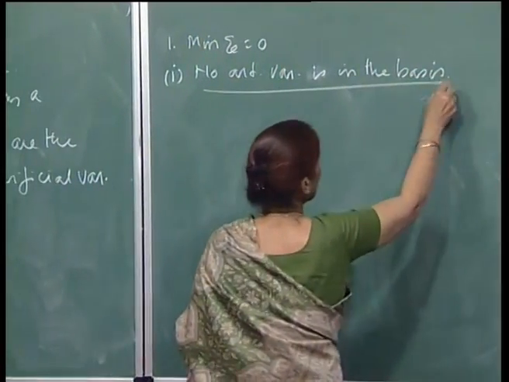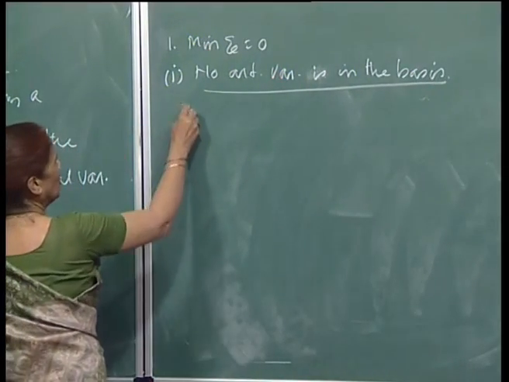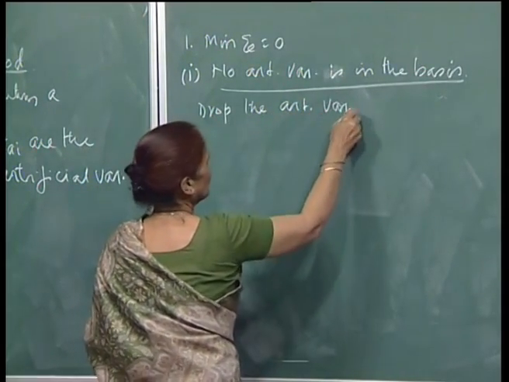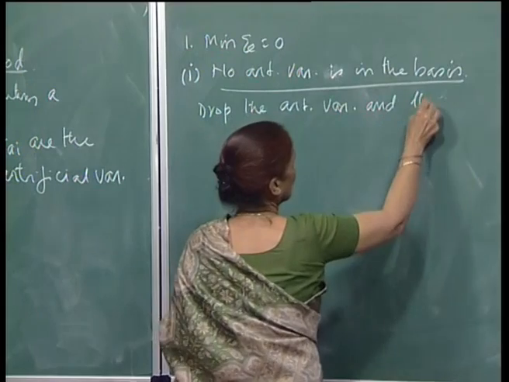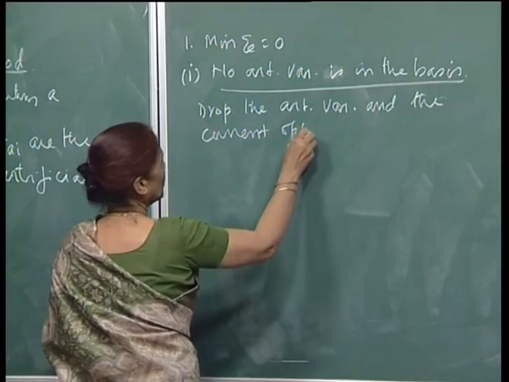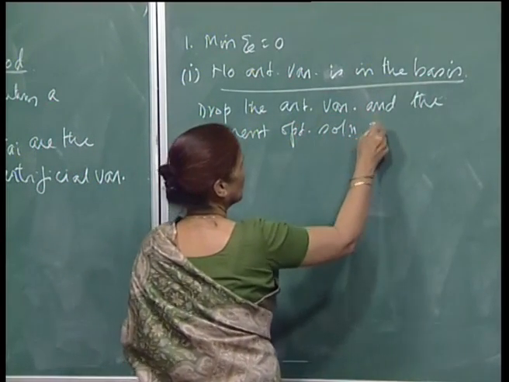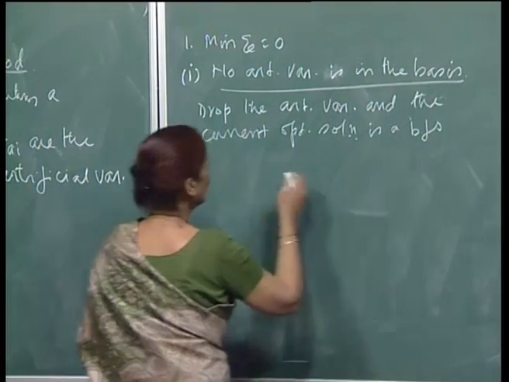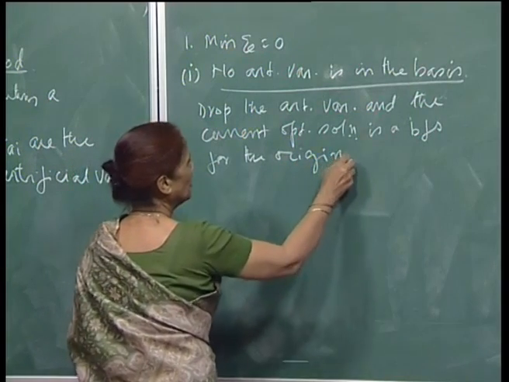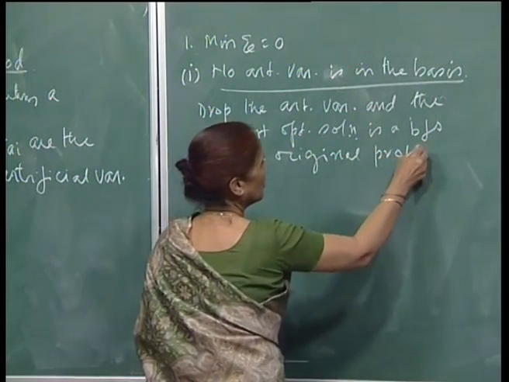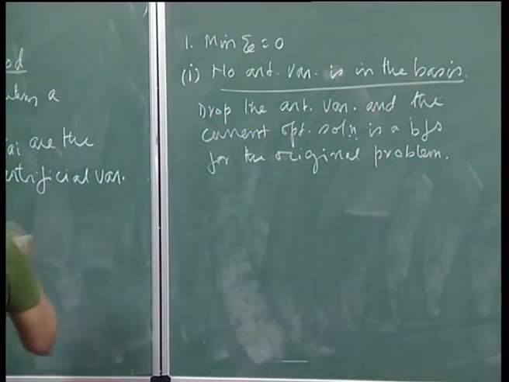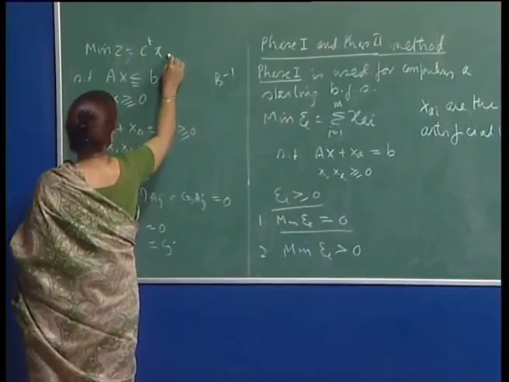So if no artificial variable is in the basis, then drop the artificial variables and the current optimal solution is a basic feasible solution for the original problem, right.